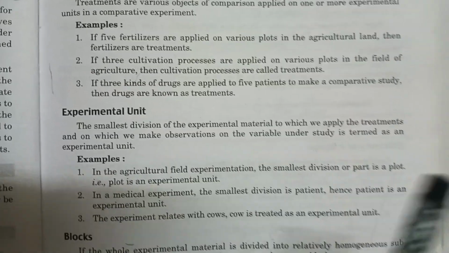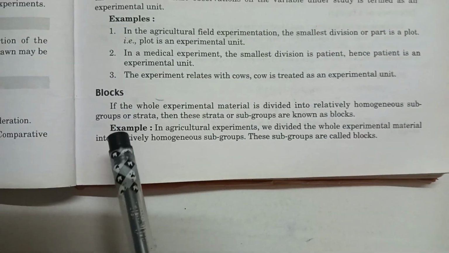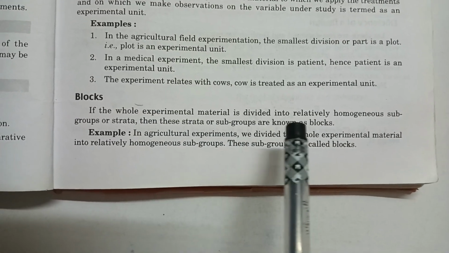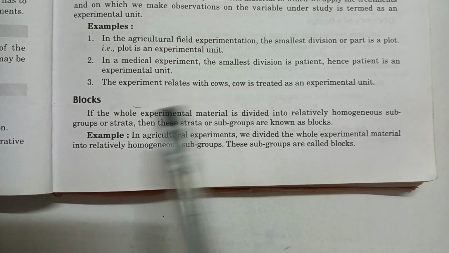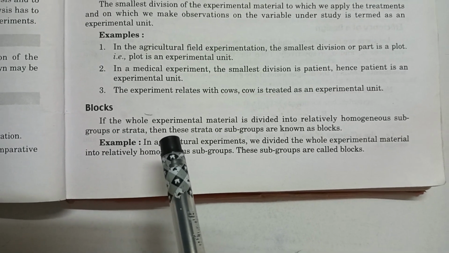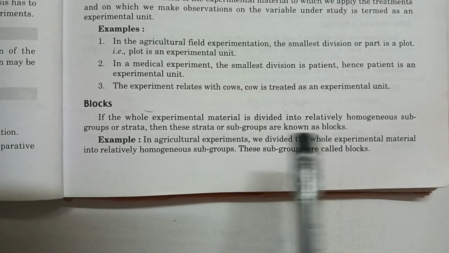Okay. Similarly, we have another definition, that is blocks. If the whole experimental material is divided into relatively homogeneous subgroups or strata, then these strata or subgroups are known as blocks.